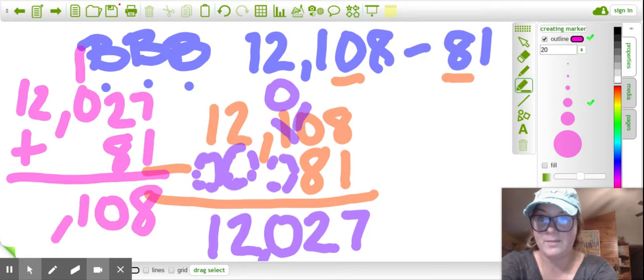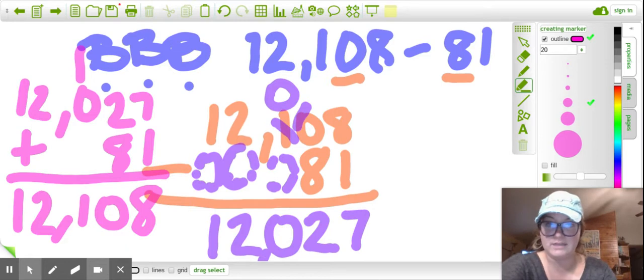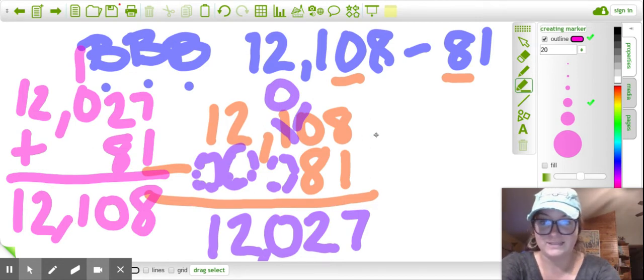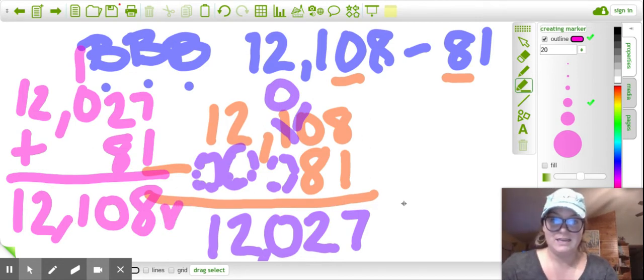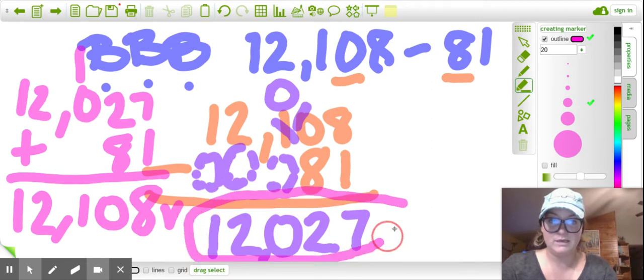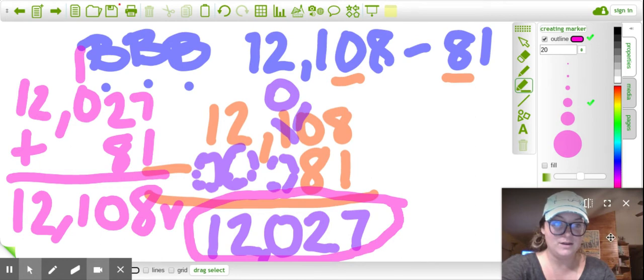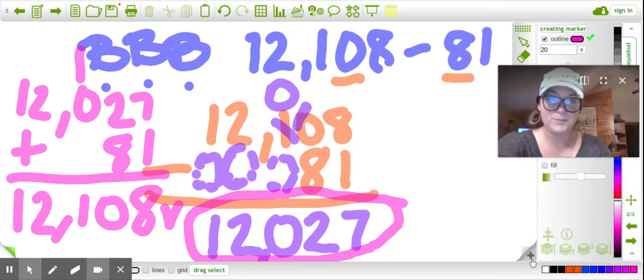Bring down that comma. 2 plus an imaginary 0 is 2, and 1 plus an imaginary 0 is 1. Look at that, campers. We've got 12,108. We also have 12,108, so our answer checks. Here is the difference between those two numbers. All right, let's do another one to practice.